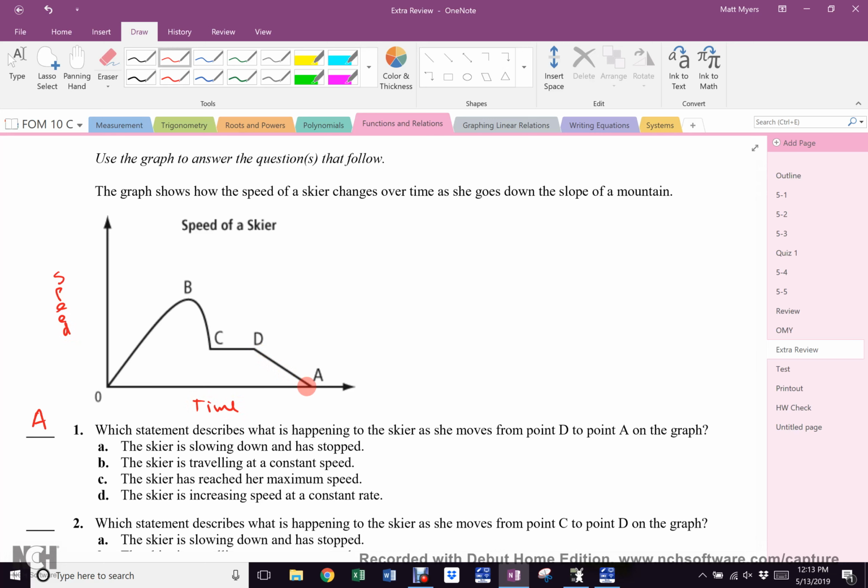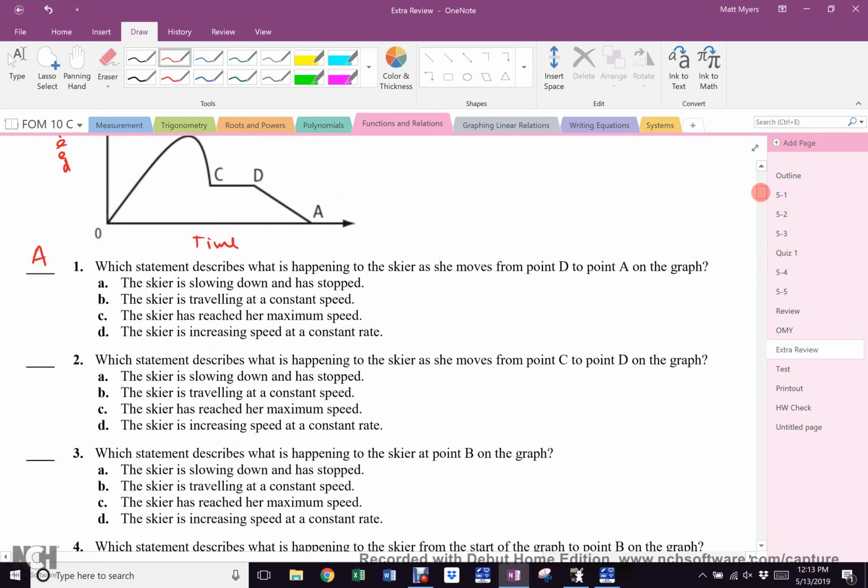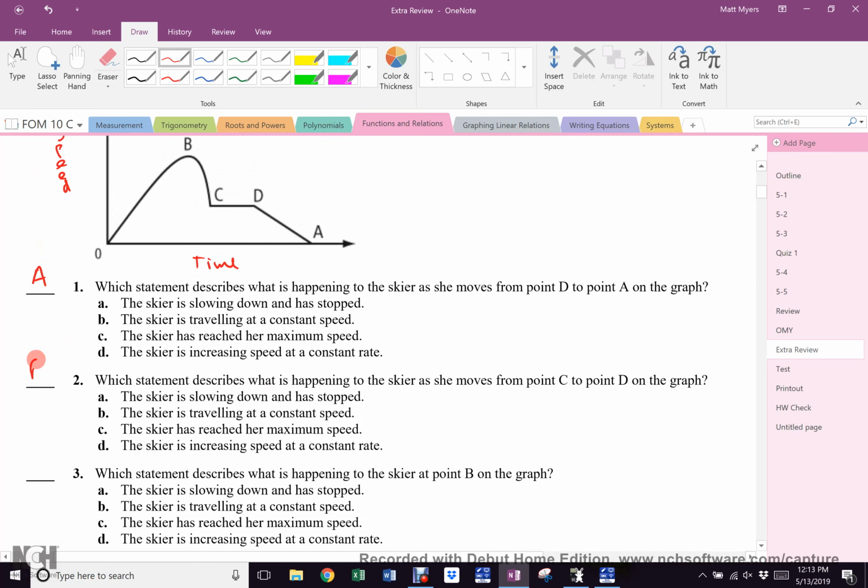What statement describes C to D? B. Speed is not changing, but time carries on. 3. What happens at point B? Right at point B, it is what? C. Highest speed.